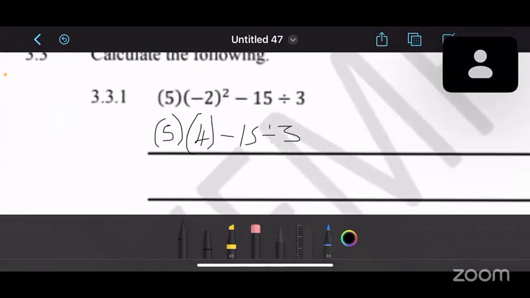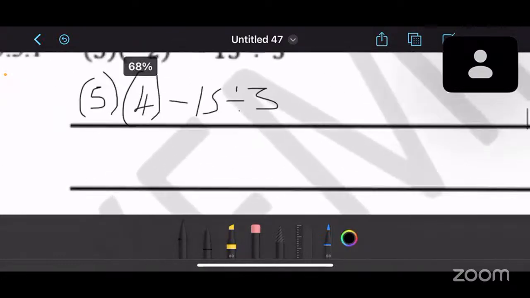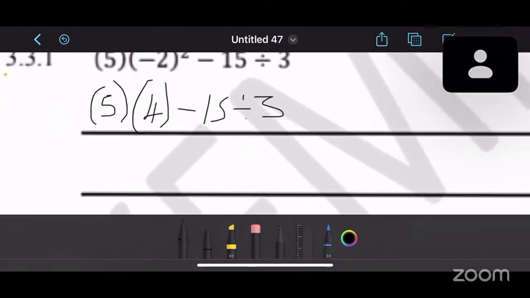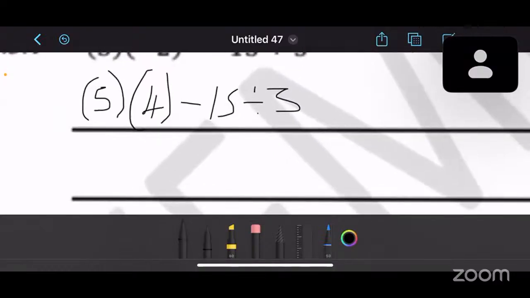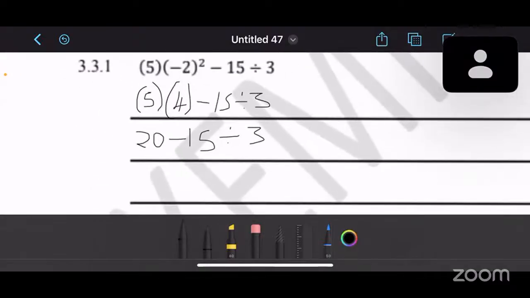And then your next step is 20 minus 15 divided by 3. Okay. And then you're going to be left with 5 divided by 15.